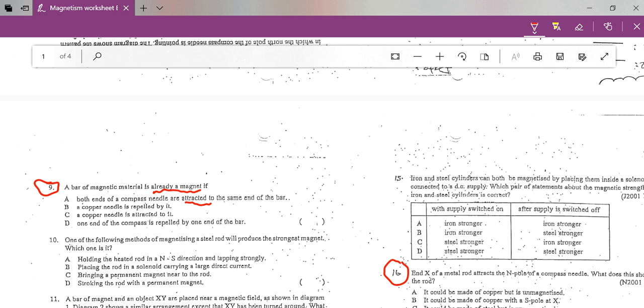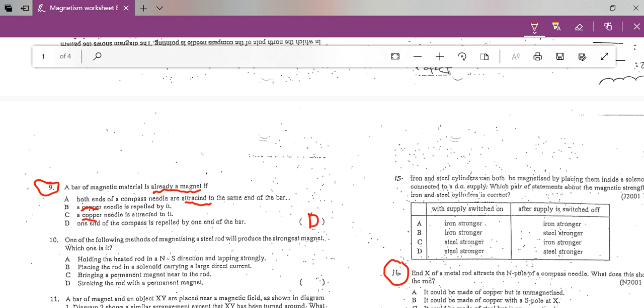When a copper needle is repelled, first of all, copper is not a magnetic material. So that copper needle can never show any effect when it's near a magnetic material. So the word copper doesn't sound right already. Now the last one is the answer.